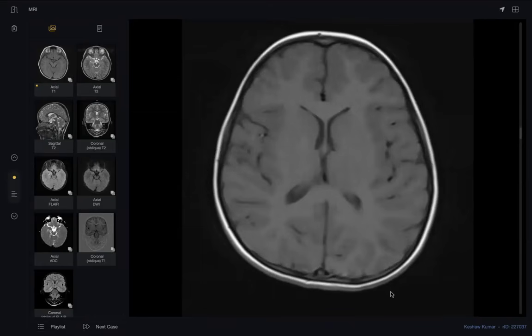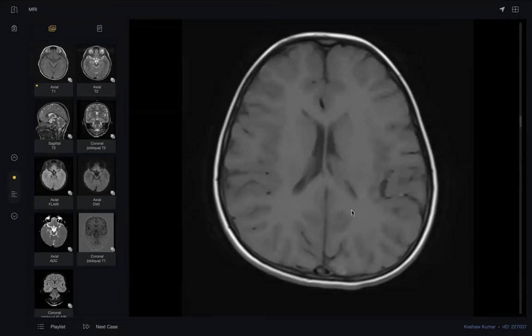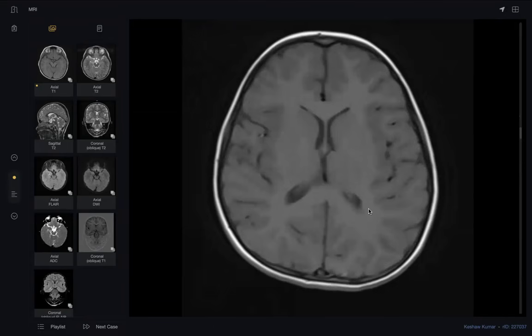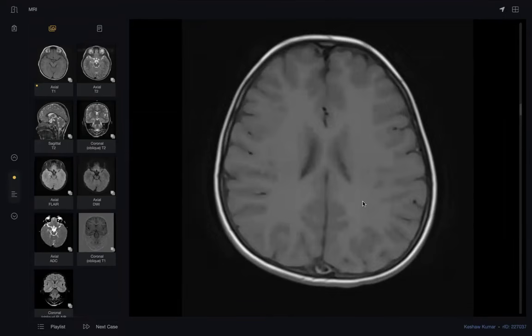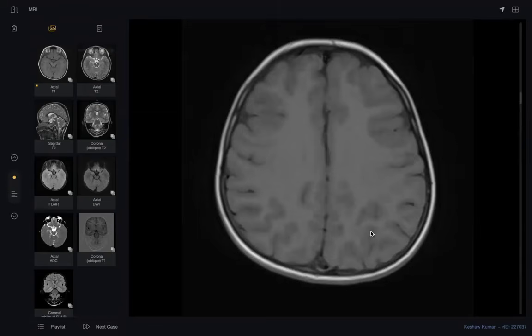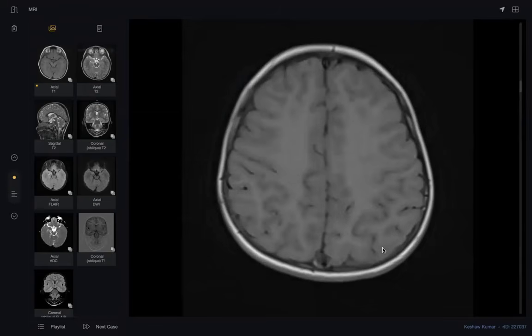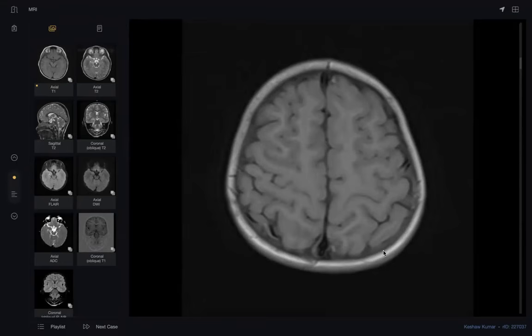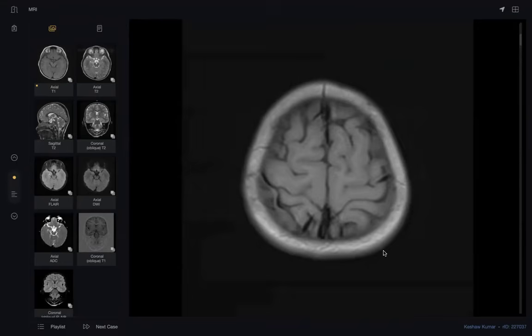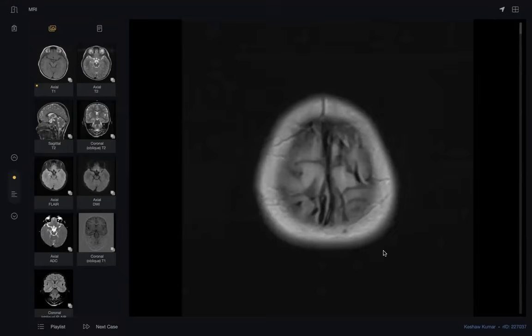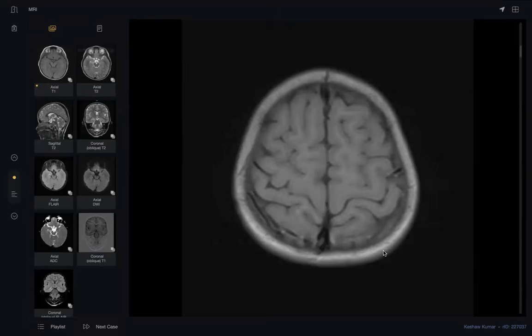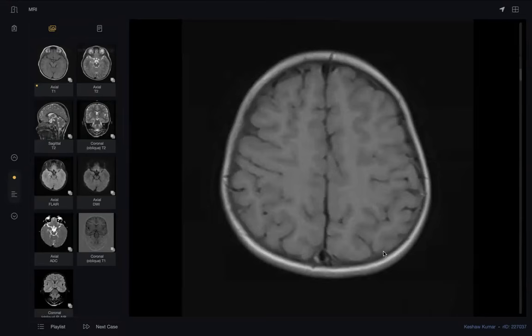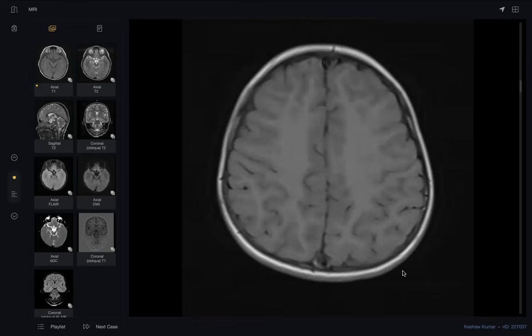Other than that, I do not see any evidence of nodularity along the ventricular walls. No abnormal signal is noted within the white matter to suggest any heterotopia or abnormal position of the gray matter. So I would be basically focused on looking for any organic lesion which could be related to seizures.